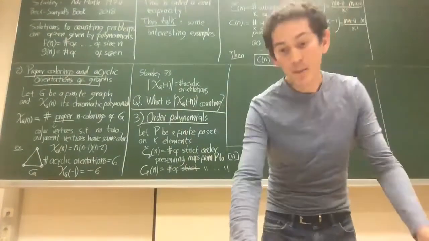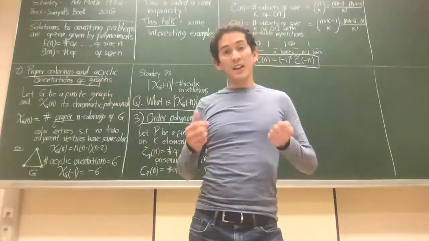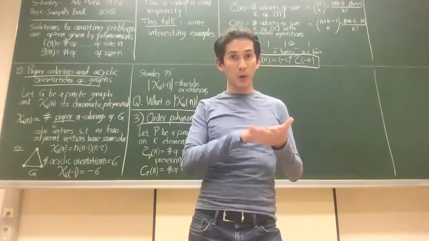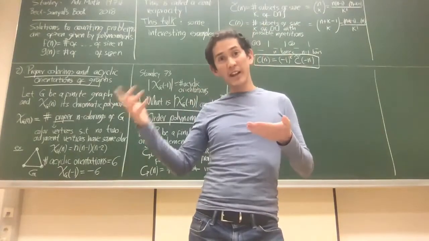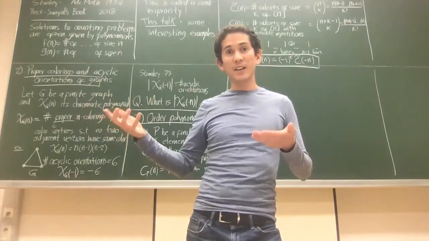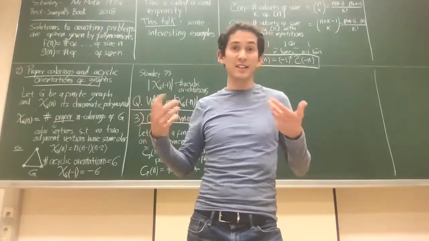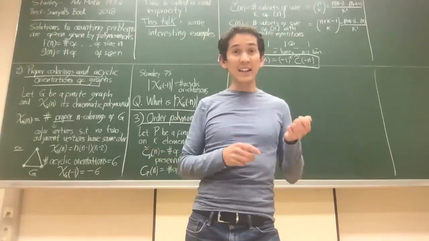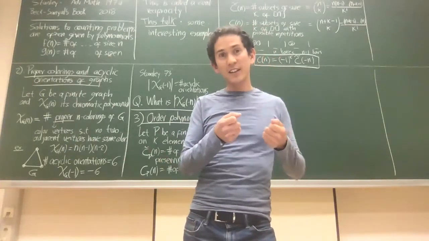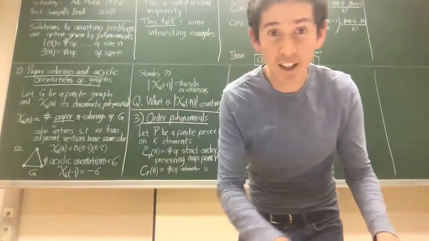An order preserving map is a map from a poset, in this case to n, in such a way that if A is less than or equal to B in the poset, then the image of A is less than or equal to the image of B. And this is called strict if these inequalities are satisfied in a strict way. So that means if A is strictly less than B in the poset, then the image of A is strictly less than the image of B. Okay? Is this clear?